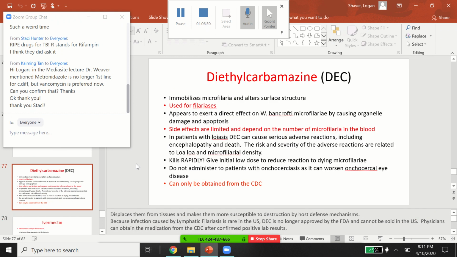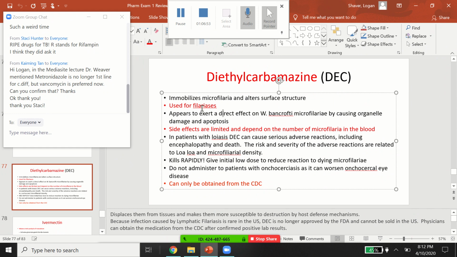Then you have DEC, or diethylcarbamazine. These are going to be used more for filariasis. That's a very specific type of infection, named based off the disease process of that particular infection.